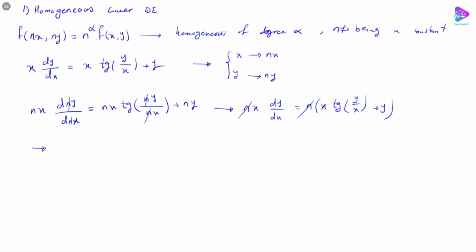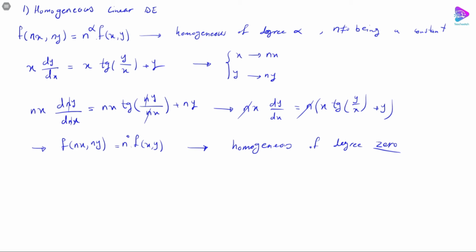So what am I seeing? f(nx, ny) is equal to f(x, y), which means this is homogeneous of degree 0, correct? Because n to the power of 0 is 1, basically f(nx, ny) is equal to f(x, y).